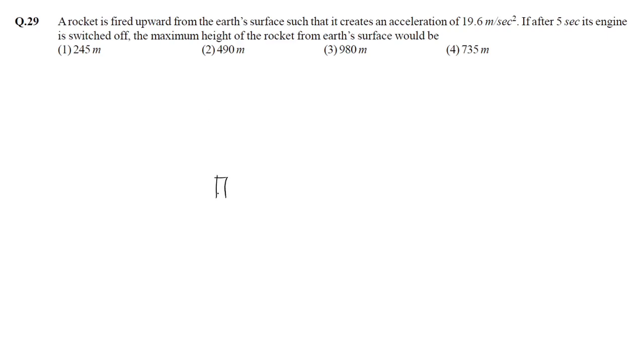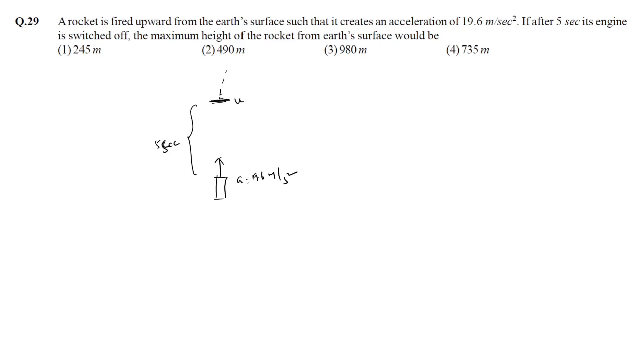So initially the rocket is fired, now it is moving up with the acceleration of 19.6 meter per second square, and just imagine that for 5 seconds it is traveling up to here, and after that its engine is switched off, and with what velocity the body reached this particular point in 5 seconds.